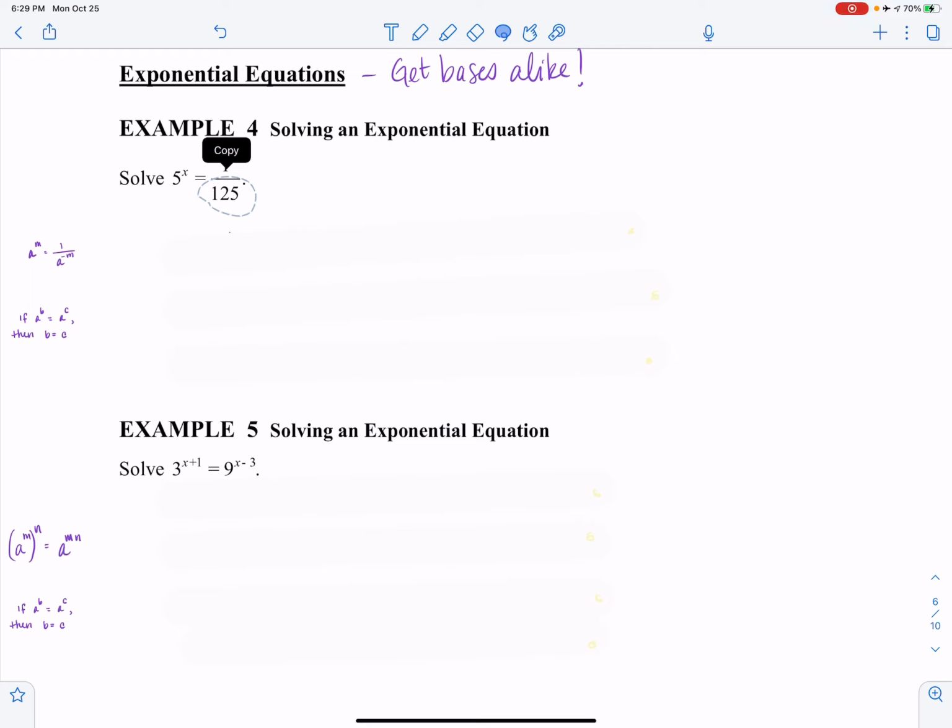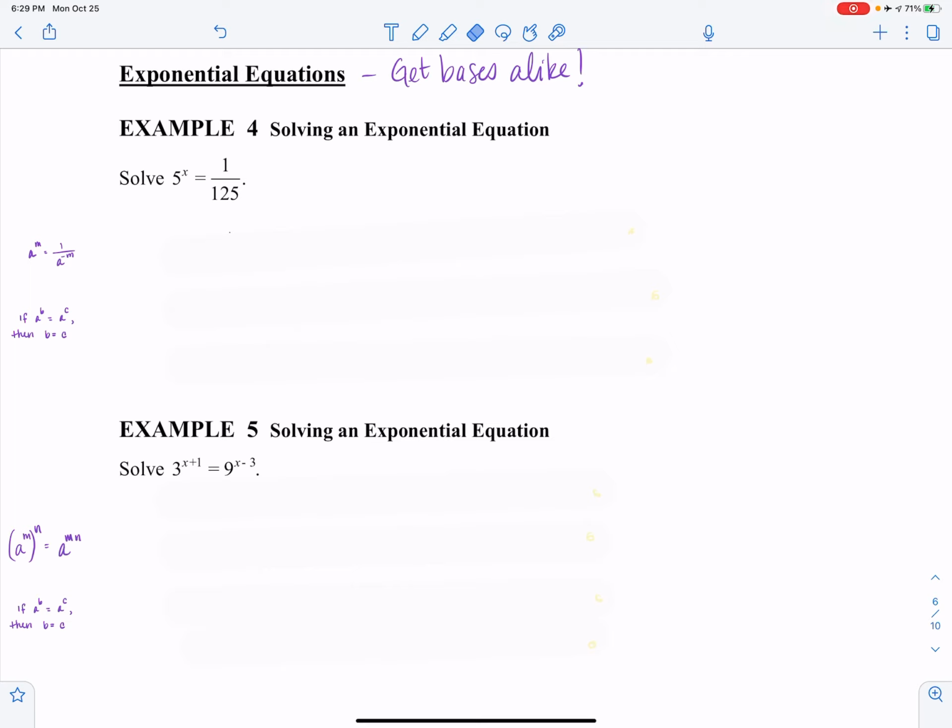Right now, it's 125 raised to the first power. But we can rewrite 125 as 5 to some power. So what I'm going to do is I'm going to recopy this entire equation, but the difference is I'm going to substitute 125 with a new number that's 5 raised to some power.